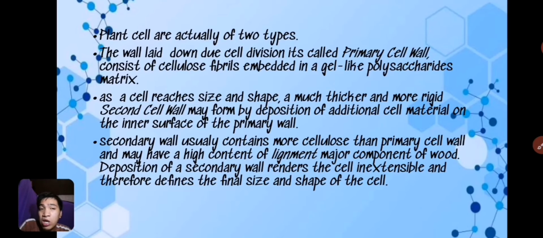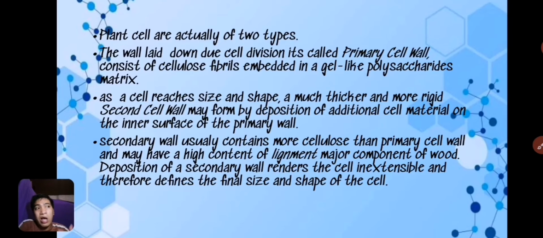The secondary wall usually contains more cellulose than the primary cell wall and may have a high content of lignin, a major component of wood. The deposition of the secondary wall renders the cell inextensible and therefore defines the final size and shape of the cell.